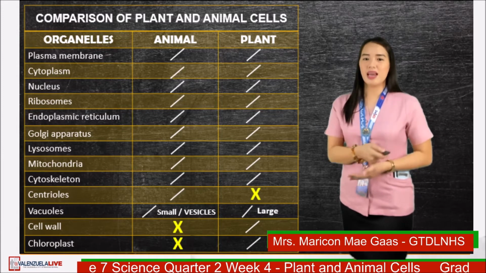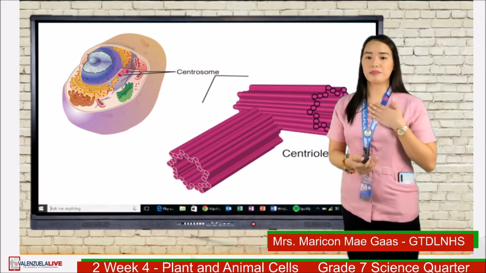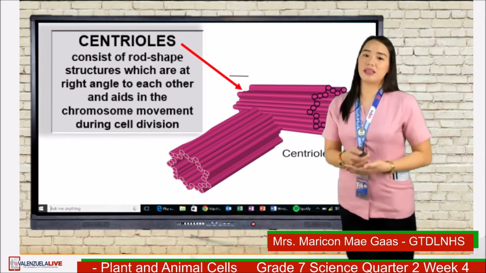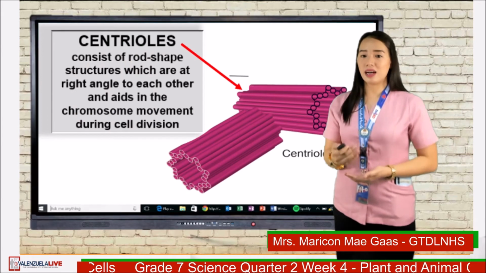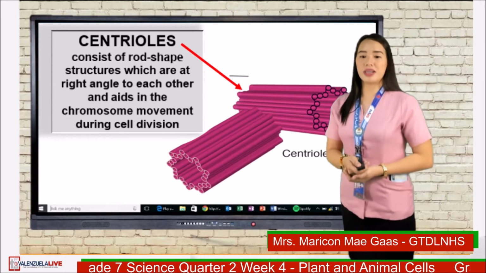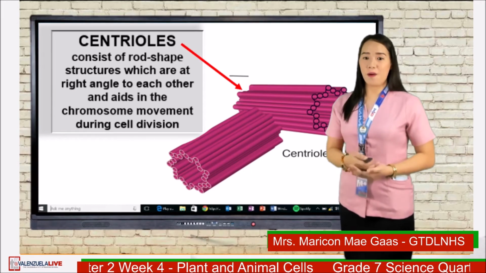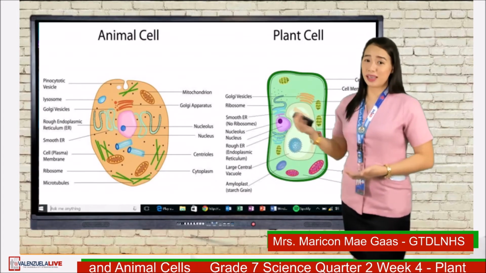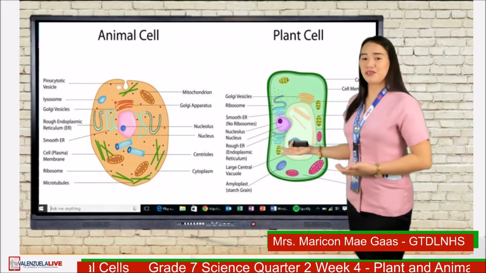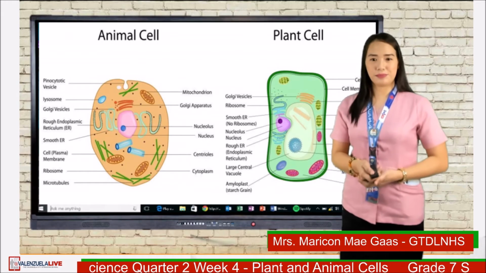By the way, centrioles consist of rod-shaped structures, which are at right angles to each other and aid in chromosome movement during cell division. It will be discussed further in your higher grade level. Once again, these are the different parts of plant and animal cells.